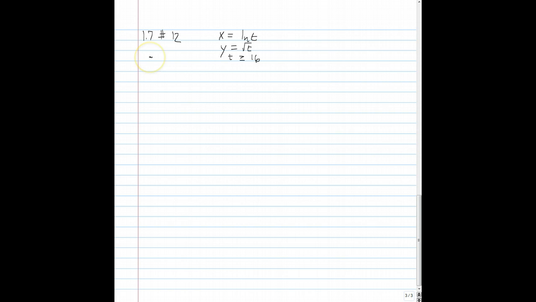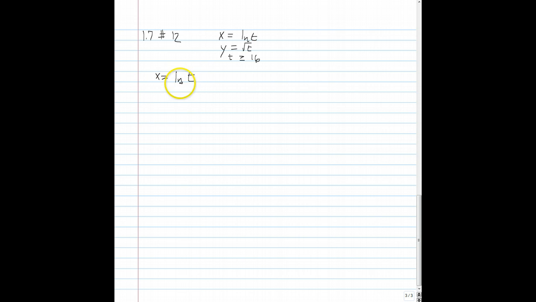So the first part says we want to work on eliminating the parameter to find the Cartesian equation. So we need to solve for t in terms of x and then substitute t in the equation for y. So they told us that x is equal to the natural log of t. So we need to solve for t. The inverse of a natural log is the e function.